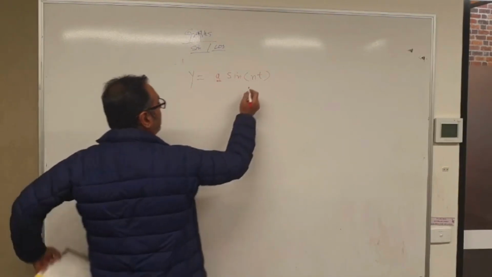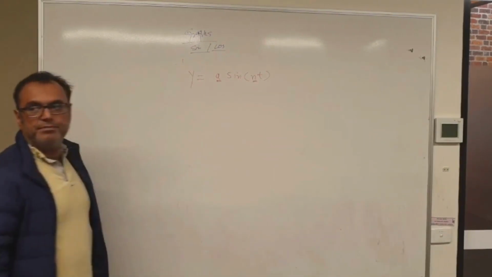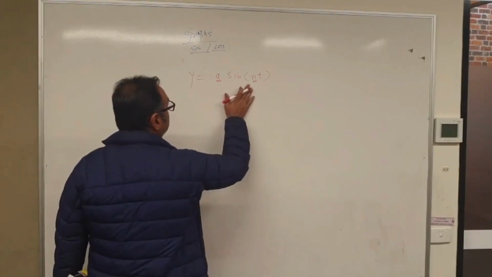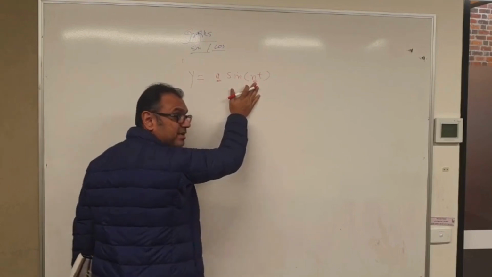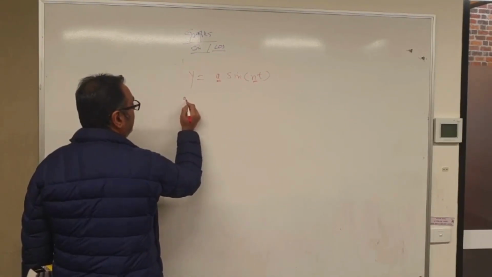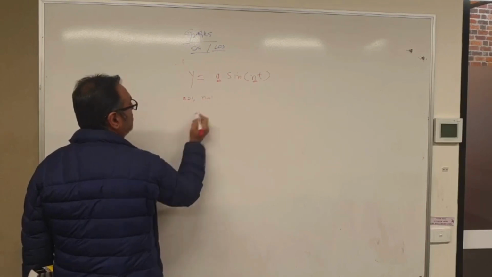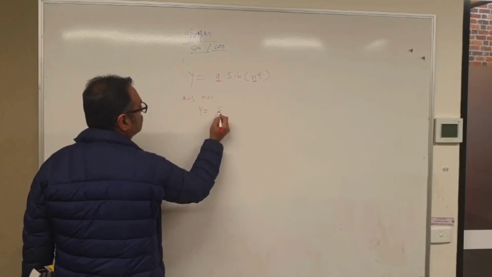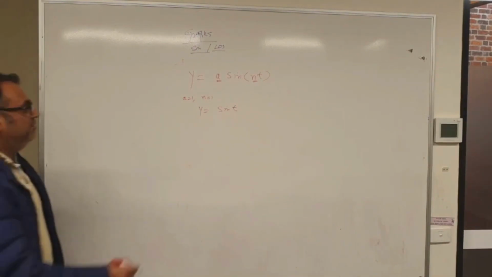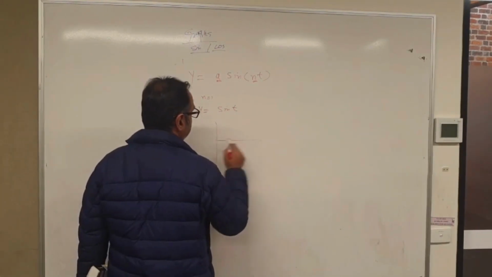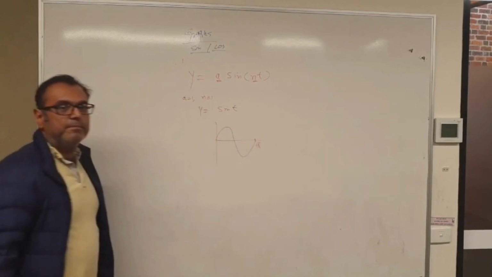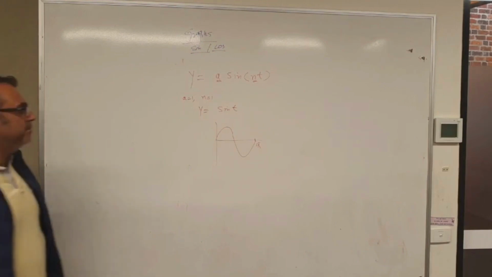Now, this number N decides the period. When N is 1 and A is 1, the equation becomes y equals sine t or sine x or sine theta. And we just graphed it and we said the period is 2 pi.